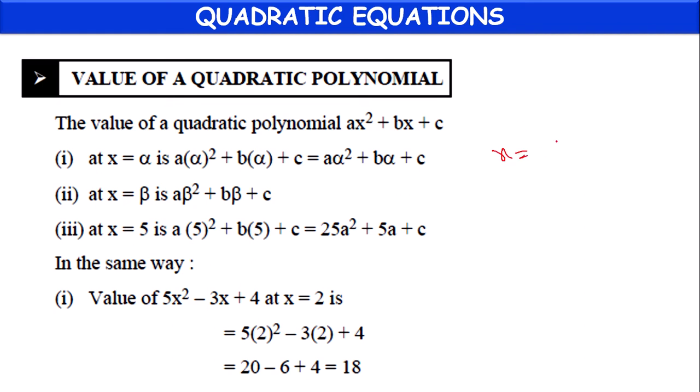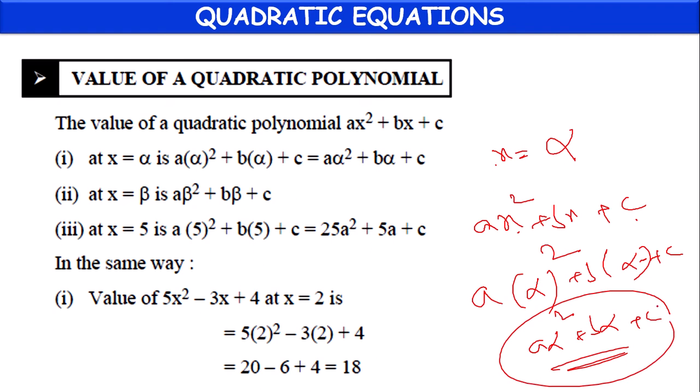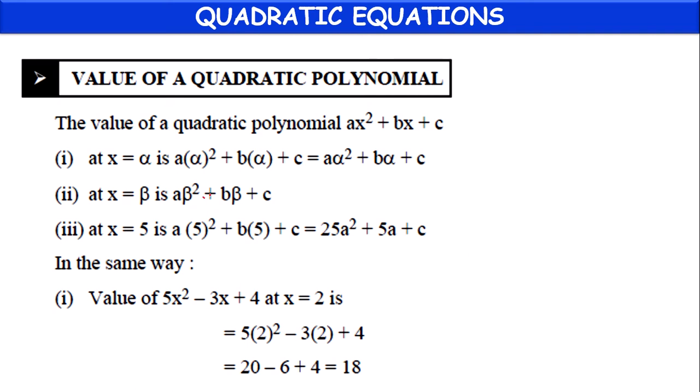So when x equal to alpha, what is the value of ax square plus bx plus c? Just keep alpha in the place of x: a alpha square plus b alpha plus c is the value of the quadratic polynomial. Suppose x value is beta, what do we have to do?